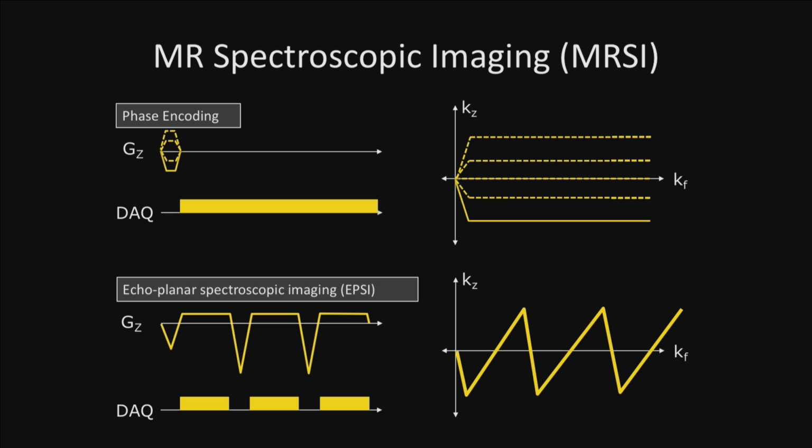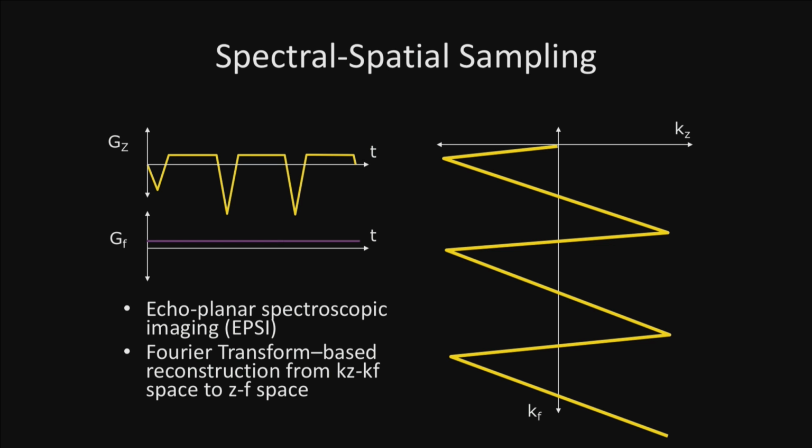So we're creating this zigzag pattern in the spectral encoding dimension. Or look at it turned on its side, it doesn't matter how we look at it: we have our imaging gradient, which gives us information about some spatial dimension, and our frequency dimension that is always accumulating information. So again, this is the idea of off-resonance being a constant gradient.